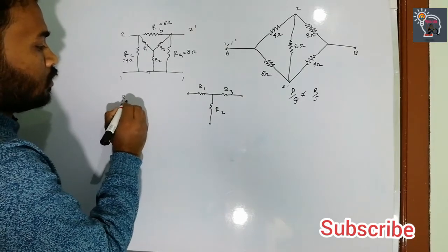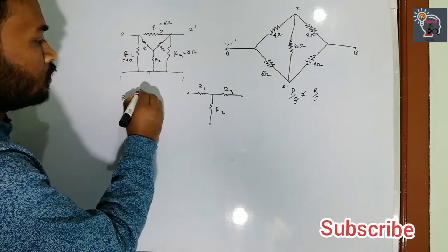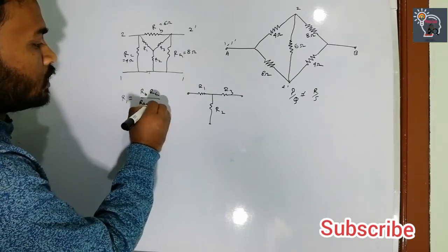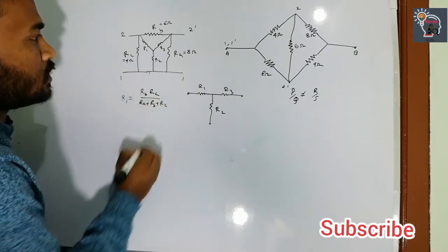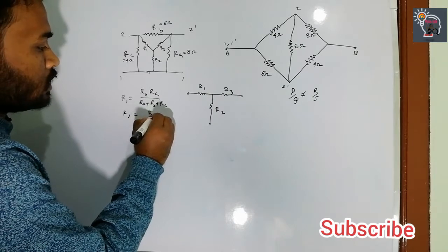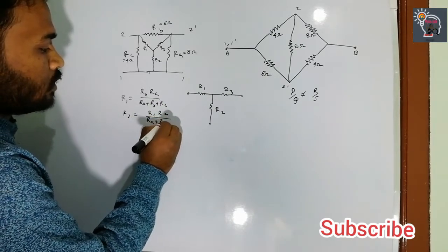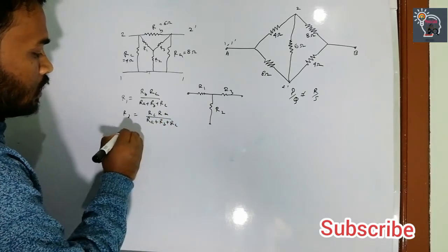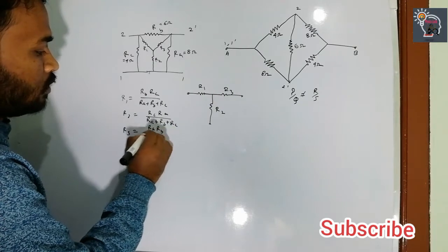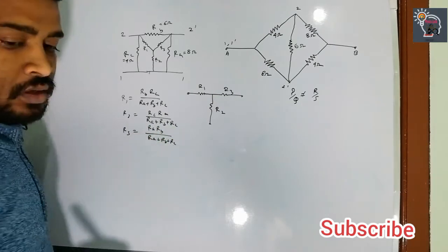So we have a formula for R1. R1 is equal to RB RC by RA plus RB plus RC. R2 equal to RC RA by RA plus RB plus RC, and R3 equal to RA RB by RA plus RB plus RC.